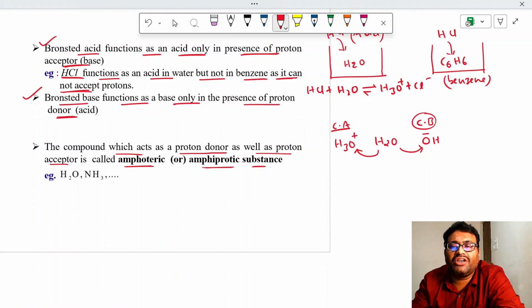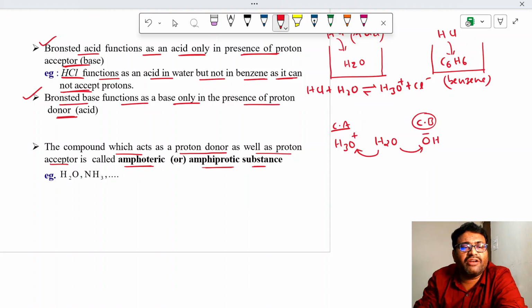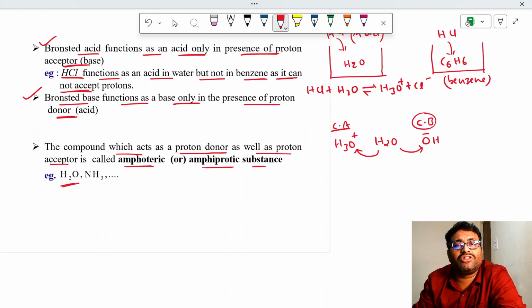So H2O can release a proton and accept a proton. So now H2O is amphoteric. Amphoteric means which can act as both acid as well as base, depending upon the situation. It can release a proton as well as accept a proton.